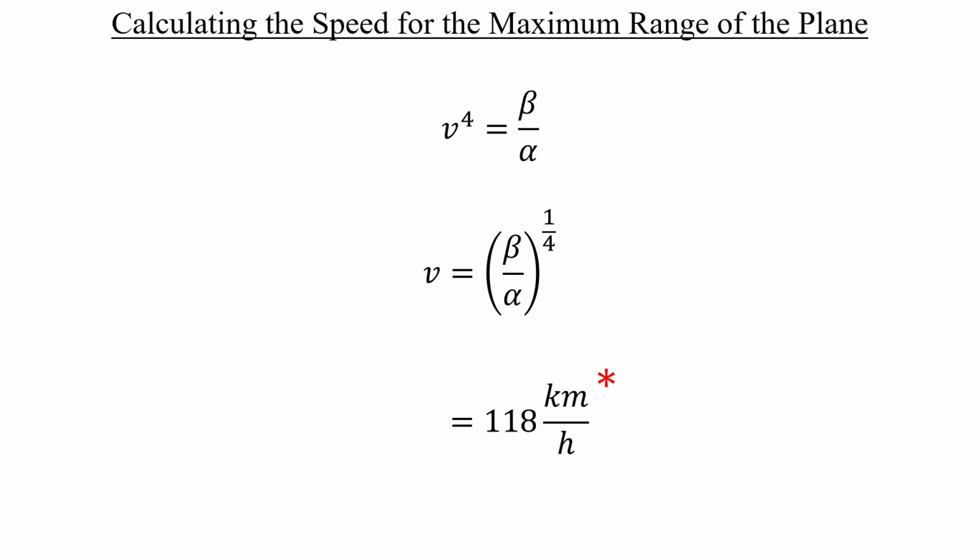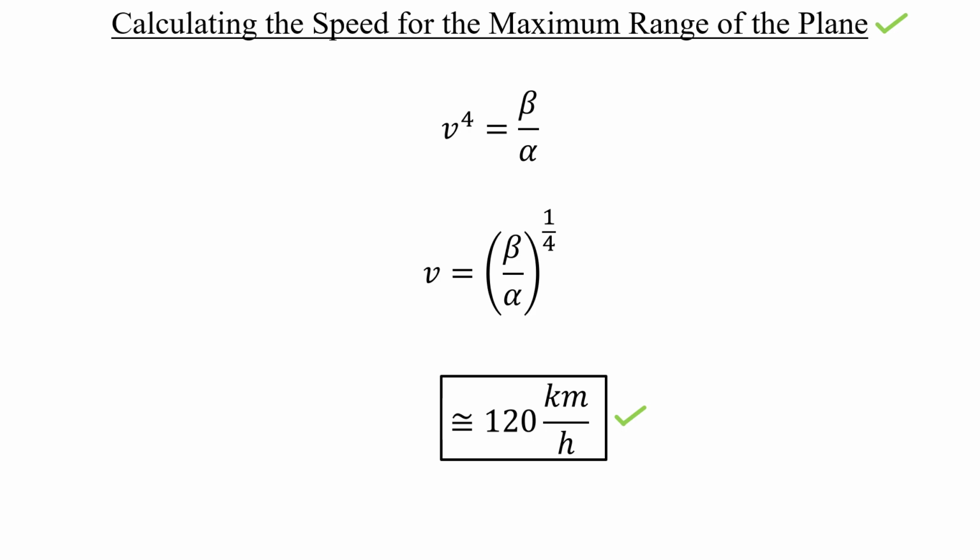That's fabricating accuracy, and we can do much better than that. Therefore, the correct way to report this is to use two significant figures. So 120 kilometers per hour. The zero here in this number doesn't count as significant. So we are good to go. And there is our answer to part A.